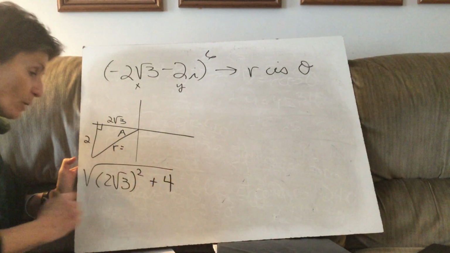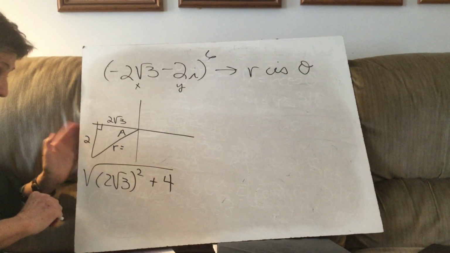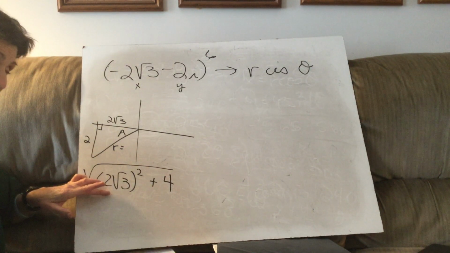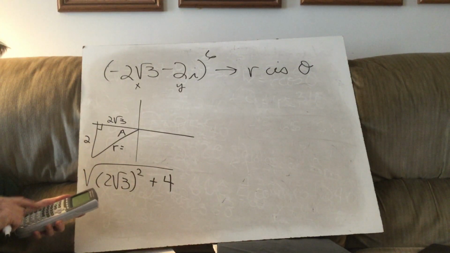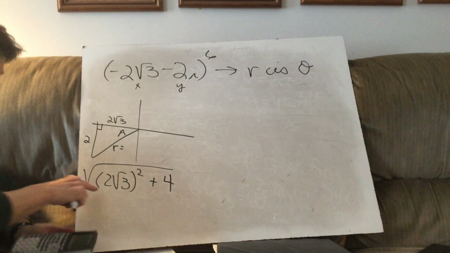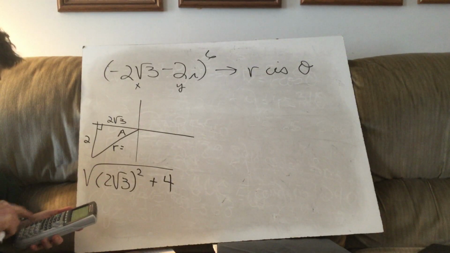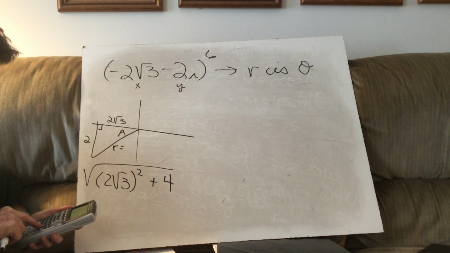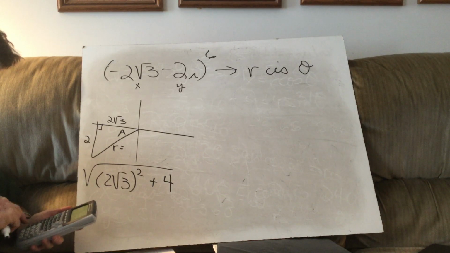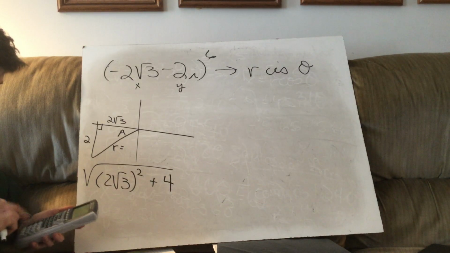And then we're going to take the square root of that. If I'm going to type that in on my calculator, it's parentheses 2 square root of 3, close parentheses, and hit squared.